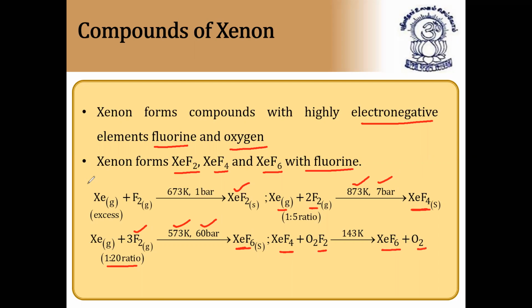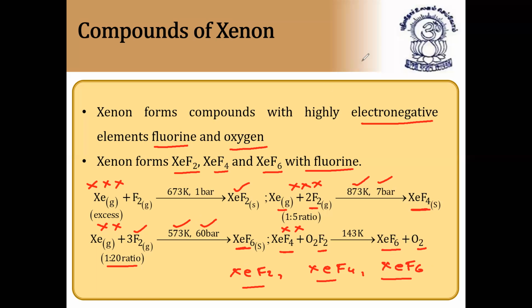All these reactions are important because they will ask them in the entrance examination. So please note down these reactions. So xenon forms three types of compounds with fluorine, that is xenon difluoride, xenon tetrafluoride, and xenon hexafluoride. Not only the reactions, they will ask the hybridization of xenon, shape, number of lone pairs and bond pairs in these compounds.